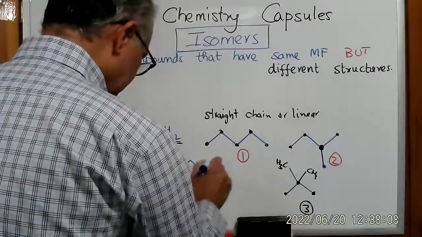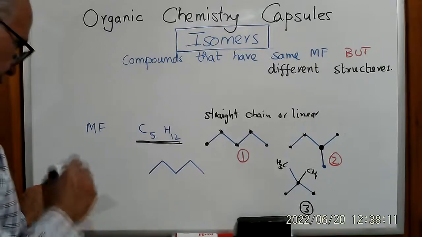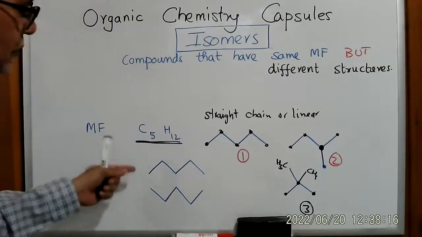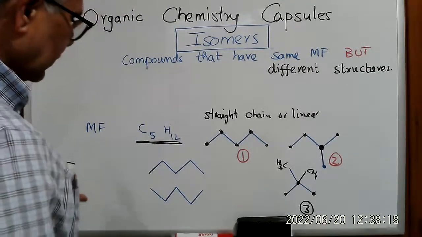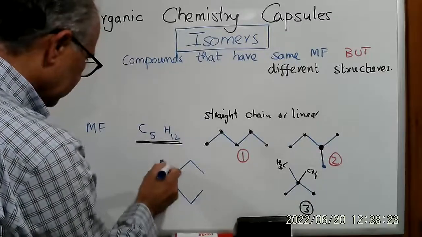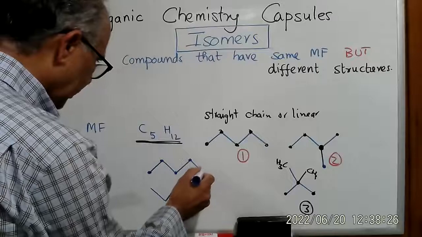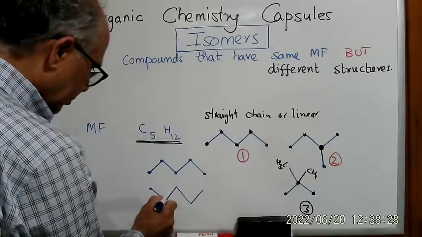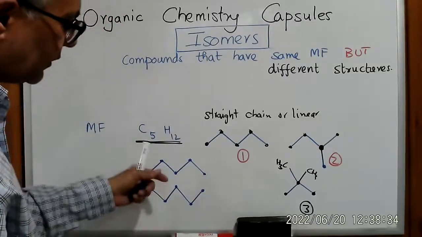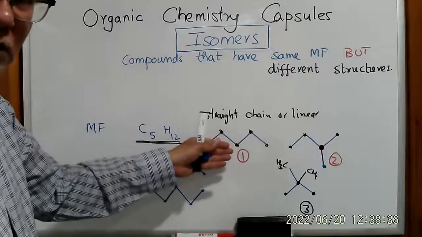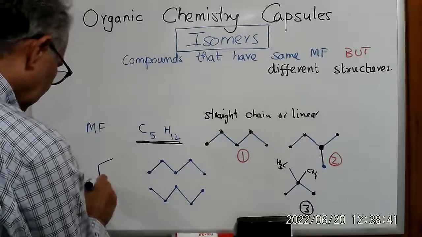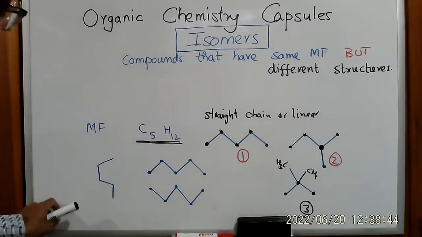Now, one more thing I want to highlight. I'm drawing structure 1 again here. These two represent the same compound, just written differently: carbon 1, 2, 3, 4, 5 and carbon 1, 2, 3, 4, 5. Just different ways of representing the same structure, 1. Or you may draw it like this. Is this unique?